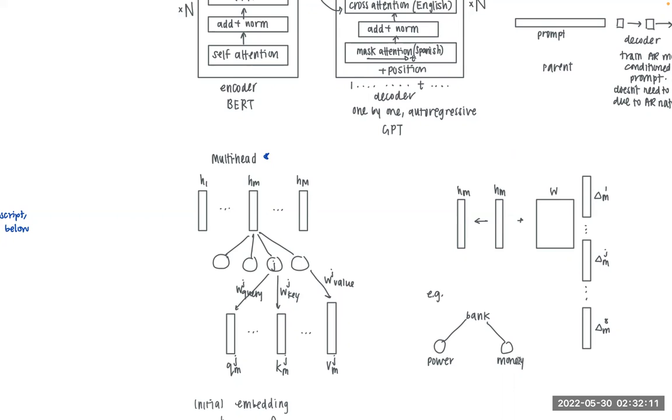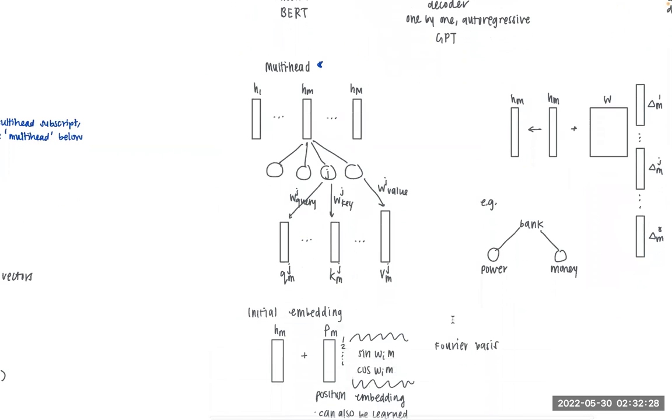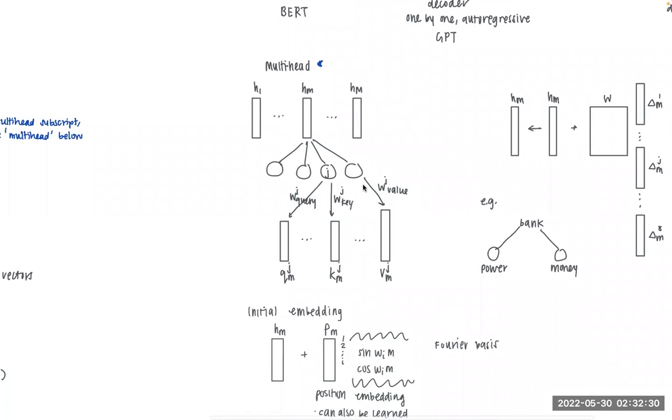So it may have different meanings, and each head is collecting information for a certain aspect, a certain semantic dimension. Okay, so that's the idea of multi-head. So this is one thing that we need to add.